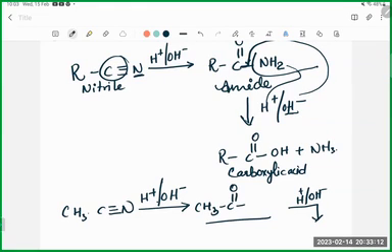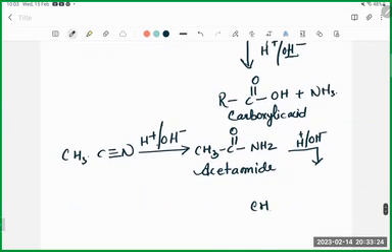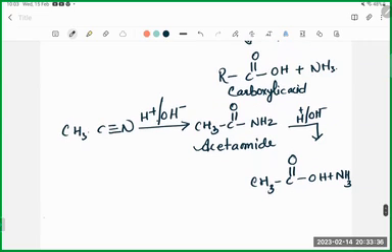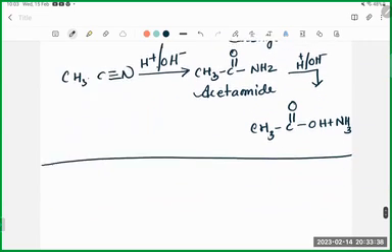Exactly, it is acetamide. Very good. The second compound, Hridaya, identify. CH3COOH. Yeah, CH3, C double bond O, and OH, plus we get ammonia here. Clear? Yes, ma'am. Good.